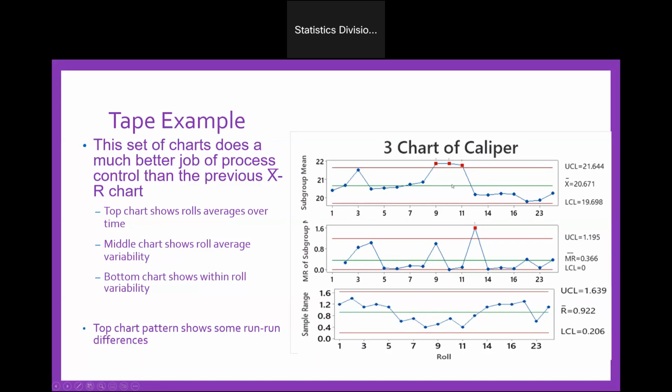And you can see that on the top chart, the data points aren't completely random. There are some sections, and that's because they made several jumbos at a time, and then they stopped. And then when they started making the product again, they were in a slightly different spot. And then they made a few more and they stopped. And then came back later and made some more and started back up again.